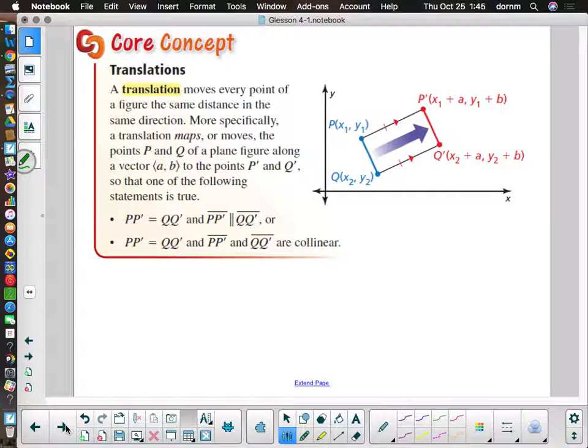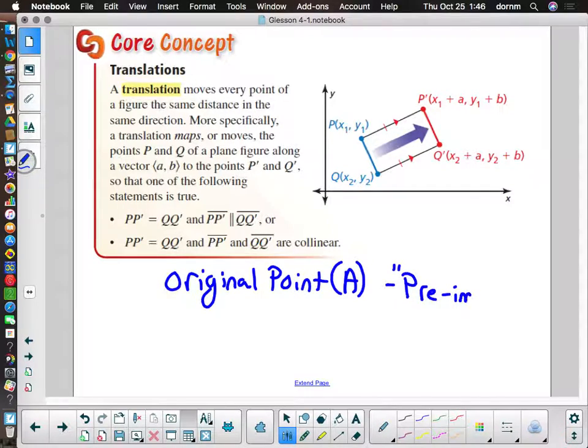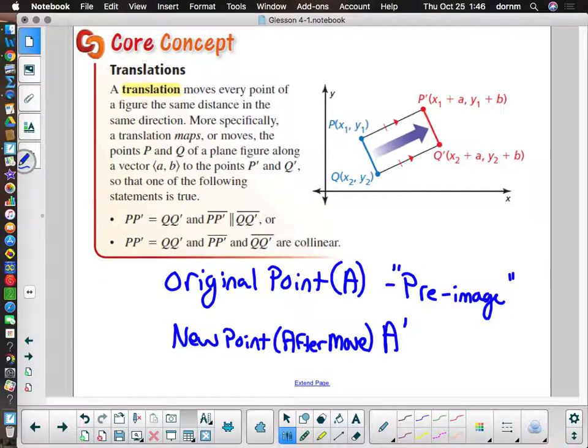Now, the original point is always referred to as the pre-image. Let's say the original point's name was A, it is called the pre-image. The new point, or the copy after the move, which I will call A primed.